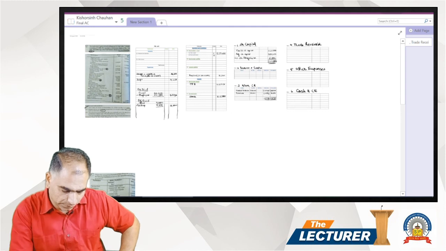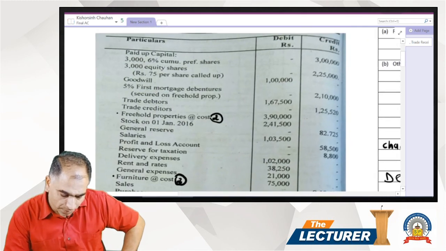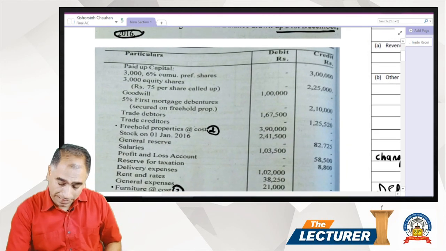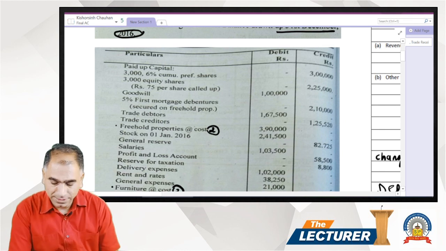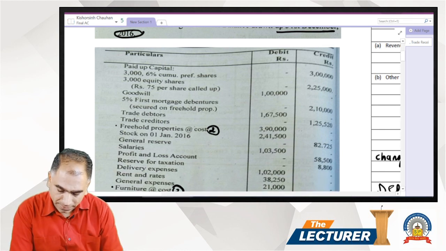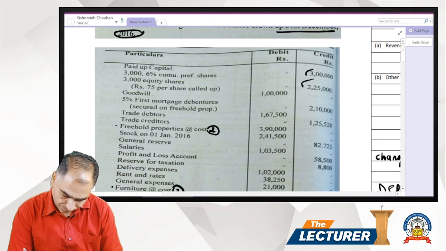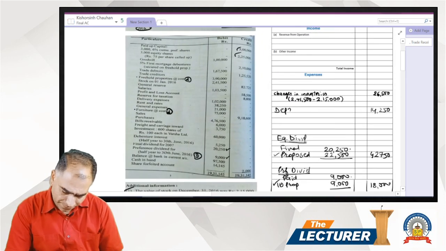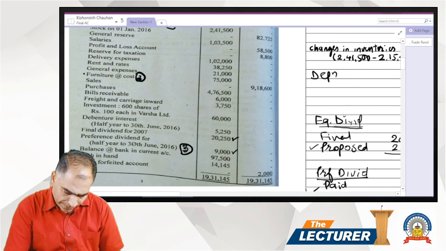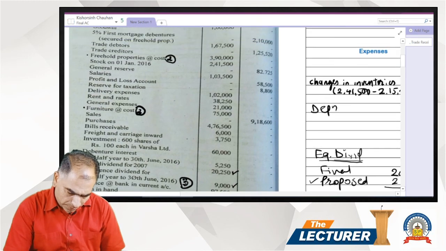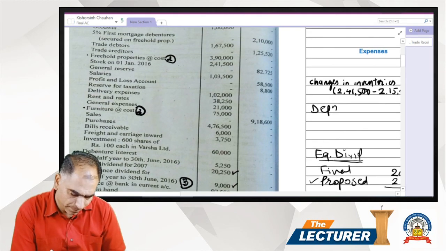Next, in the trial balance, we have to tick the transaction which is already been considered, like share capital is covered, preference share. Thereafter, we already taken care freehold property.